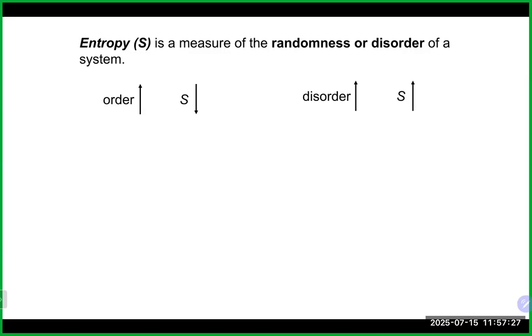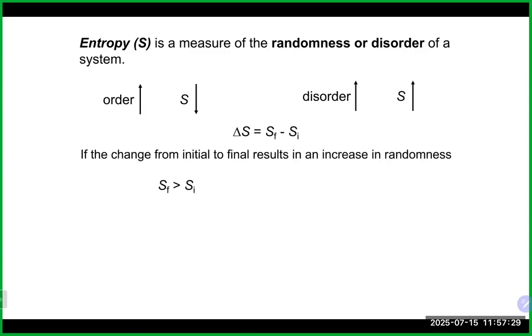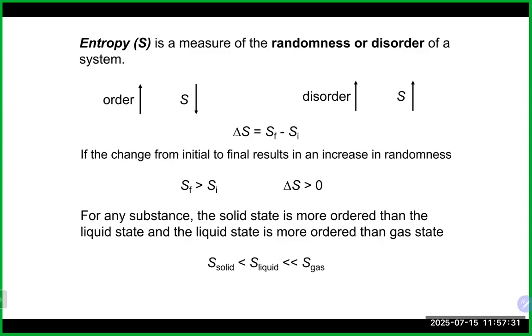And entropy, which is S or delta S, is basically the amount of randomness or disorder there is in a system. As the amount of order increases, the S value or the entropy value decreases. So one of the unusual things for people sometimes is as the order increases, the delta S gets more negative.